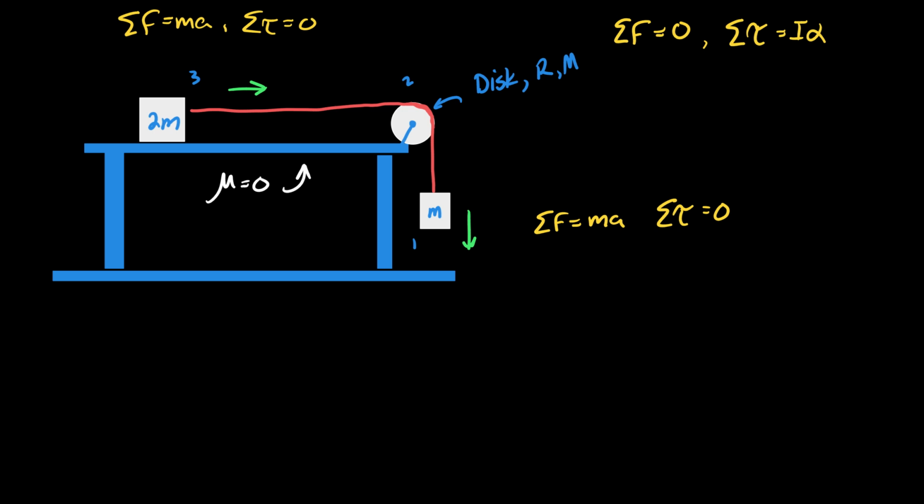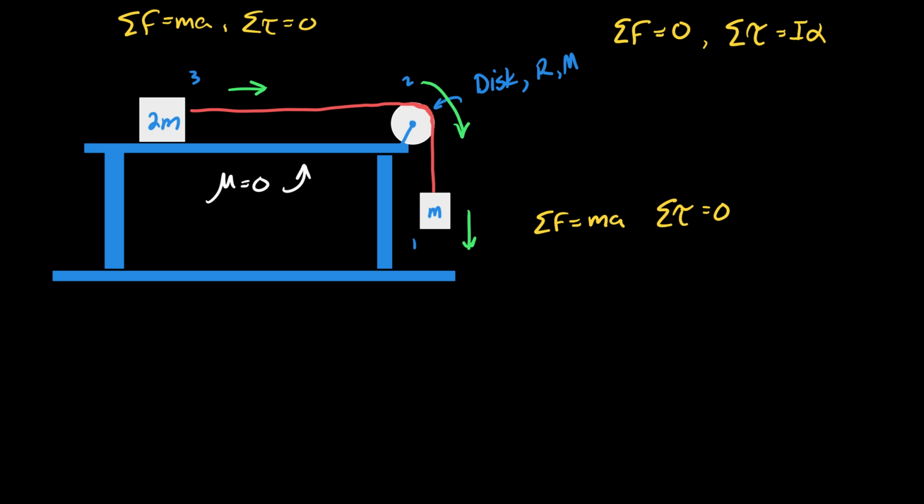If the string does not slip across the pulley, then the pulley's motion will also be related to the block's motion. And I'm going to list all of those as the positive direction. So I am right now identifying the direction of spin that is positive and the direction of motion that is positive. All good? Okay.